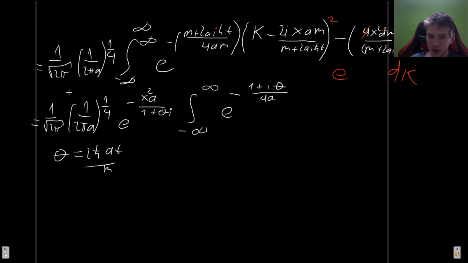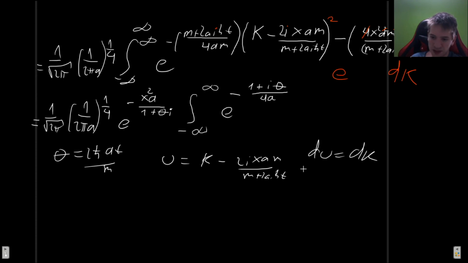And then we can just use a change of variables right here. So this here is just a constant, so we can say u is going to be k minus 2i x a divided by m plus 2ai h bar t. There's no need to put theta in here because du will just be dk. Okay, that's just a shift.